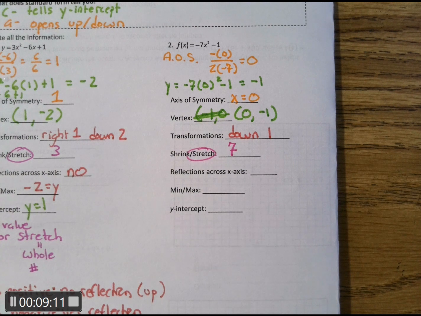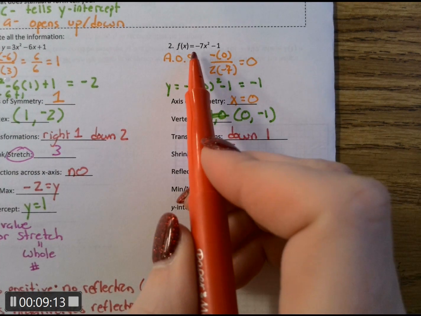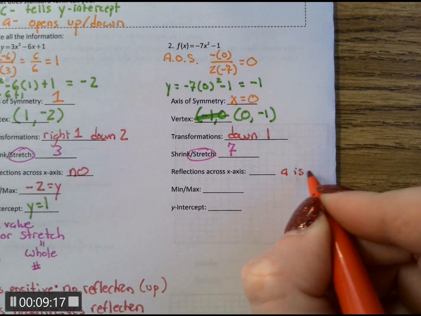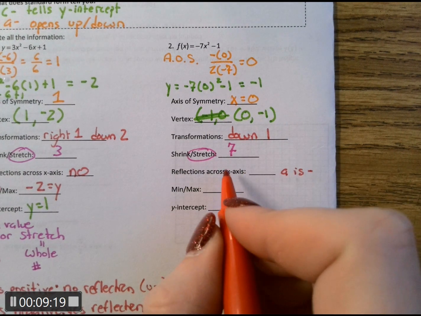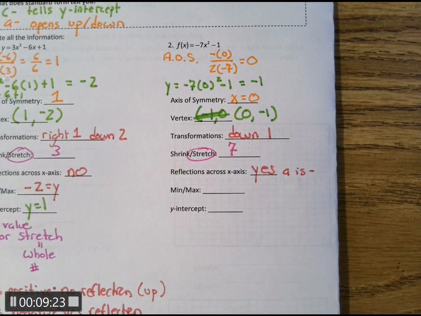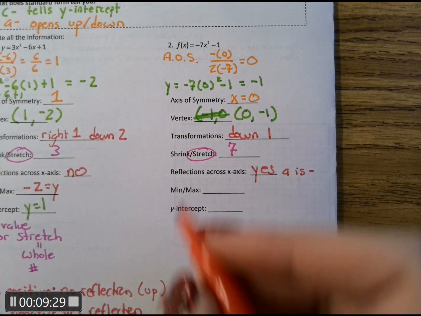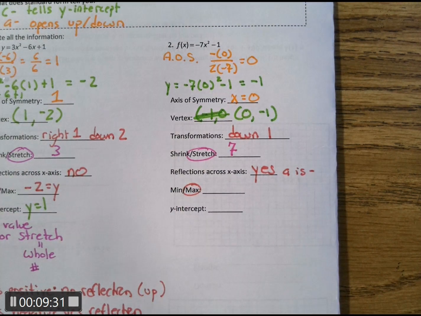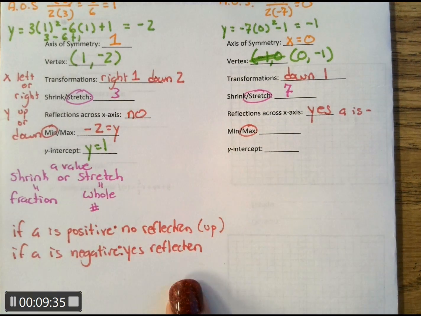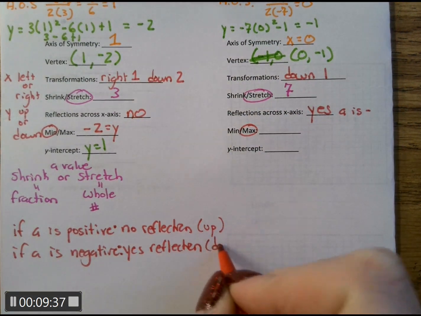Take a look, see if we have a reflection. Because a is negative, we do have a reflection. Alright, and because we have a reflection, that means that we have a maximum. Because remember, if a is negative, then there is a reflection, and it opens down.